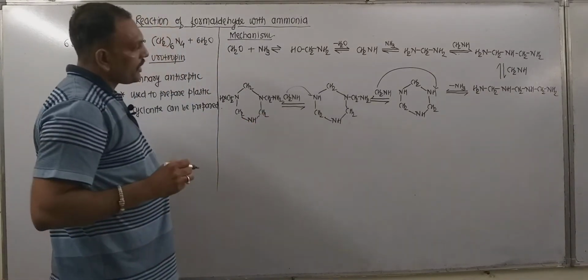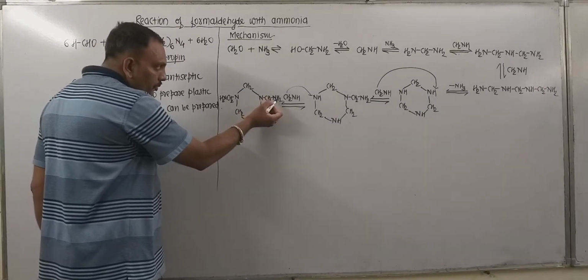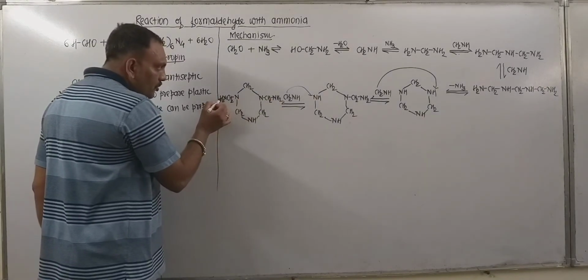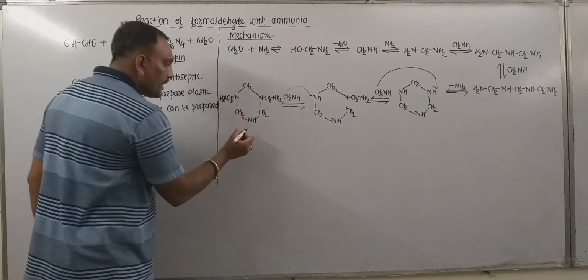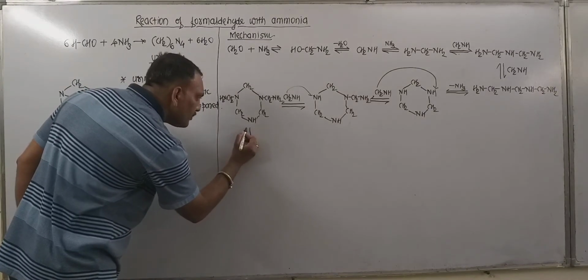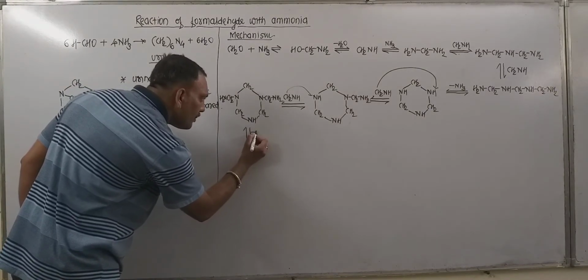Now exactly what happens? NH2 from right here and hydrogen from this get eliminated in the form of ammonia.